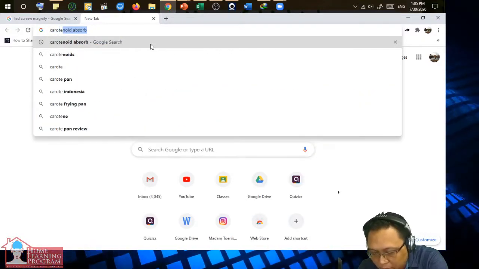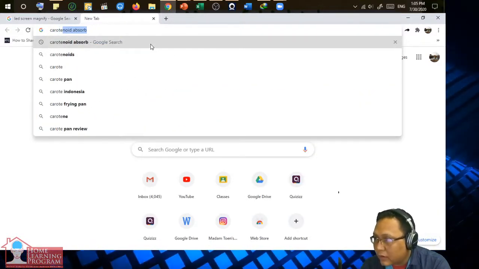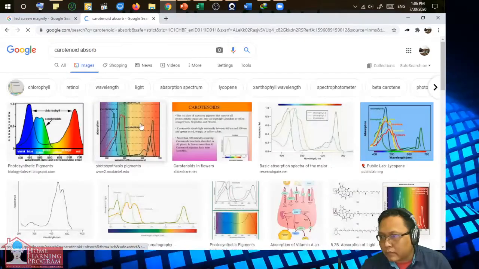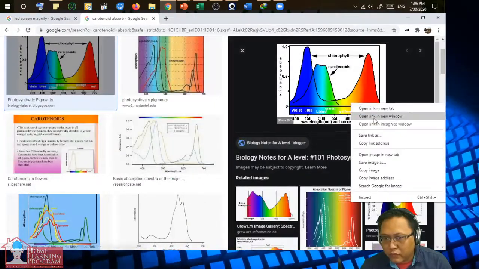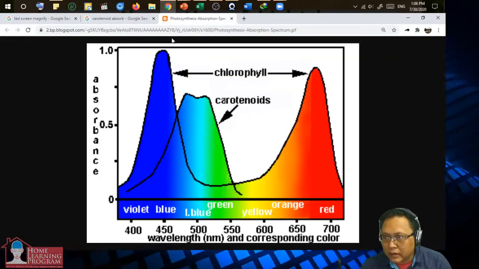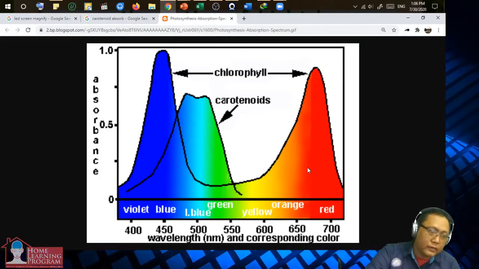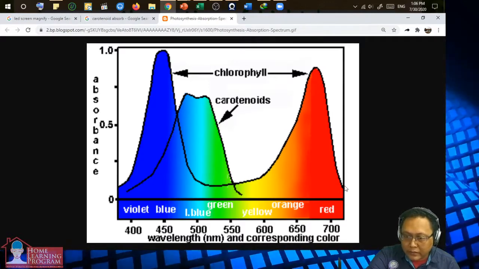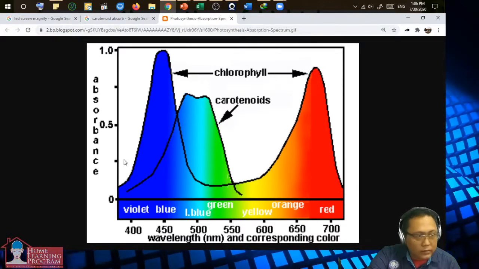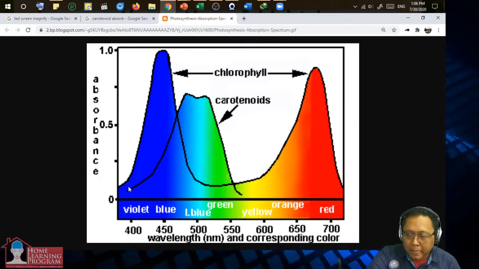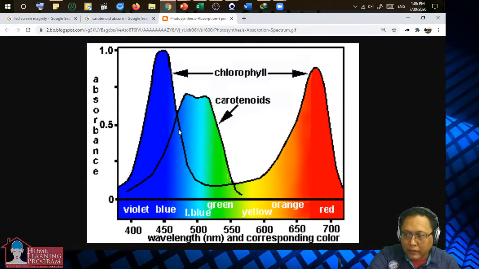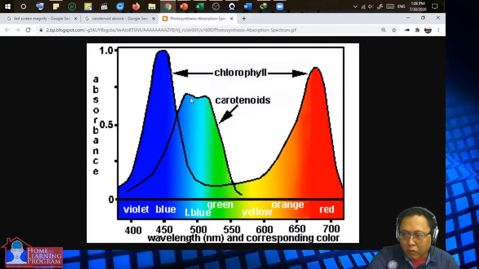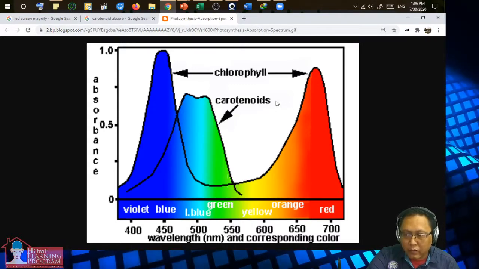Let's see. So carotenoid. If we consider this graph, for example, you have this usual twin peaks of chlorophyll, but now by adding carotenoids, more spectrum of color is now being absorbed.